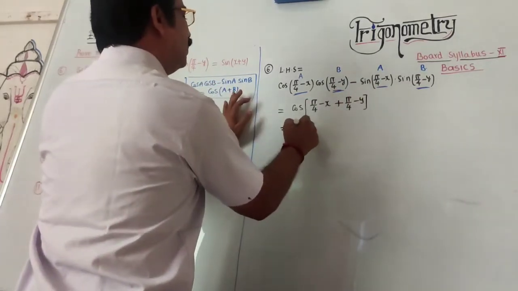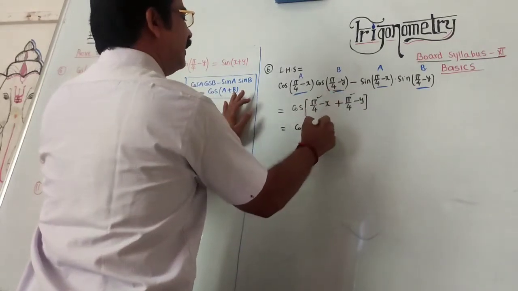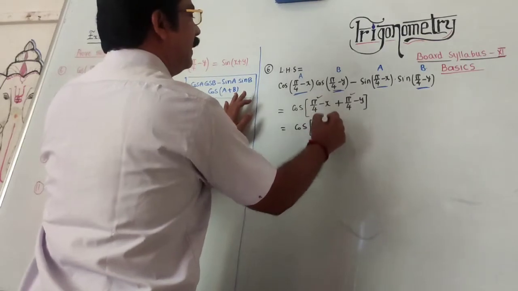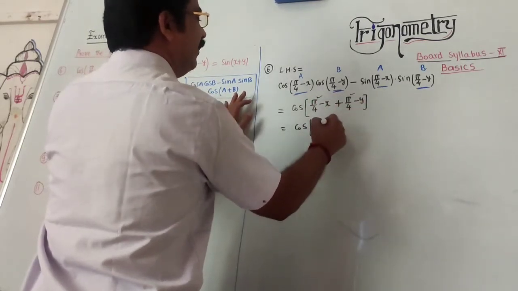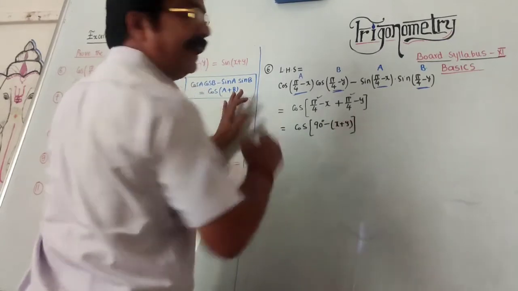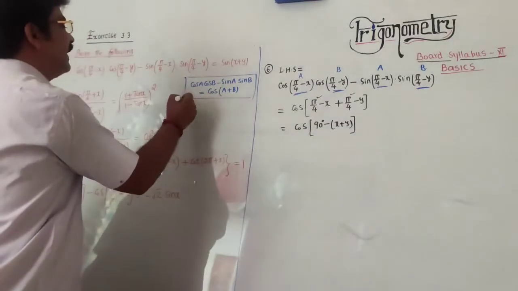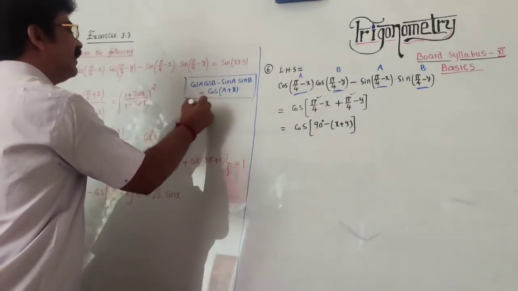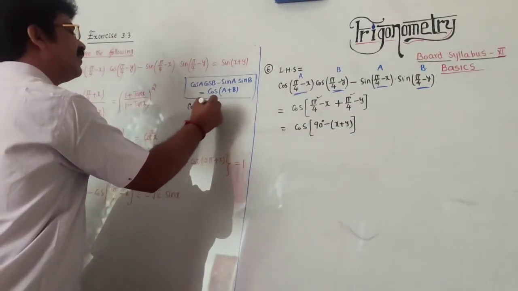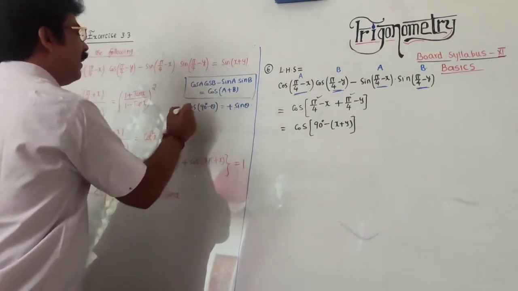So that equals cos of 45 degrees plus 45 degrees, total 90 degrees, minus x minus y; taking minus common, minus of (x + y). So it is in the form of cos(90 - theta). Cos(90 - theta) equals plus sin theta.